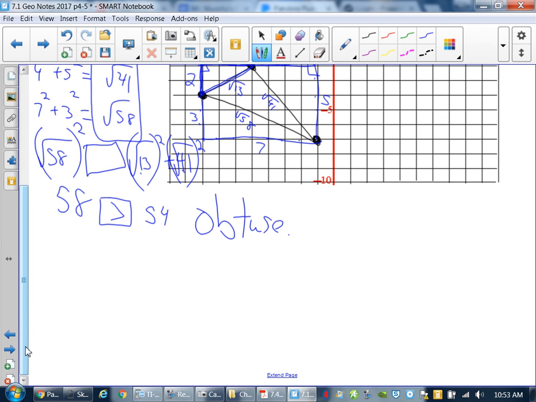Okay. So what you're doing here is you're just counting to get the side lengths, leaving it in radical form, because I know your calculators will simplify them out, but that's the main reason why I'm just leaving it as 58, leaving it as a square root. So you add those two for one. Yes, sir. Because we're using Pythagorean theorem to determine if that bigger side is equal to, greater than, or smaller than, exactly like you did yesterday.